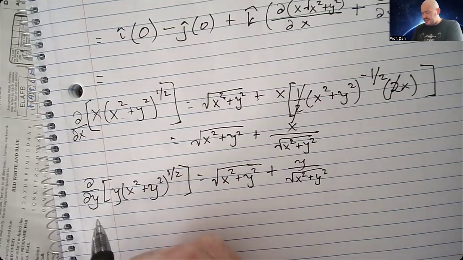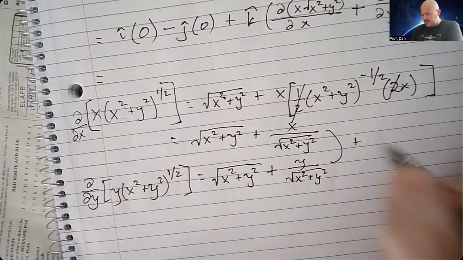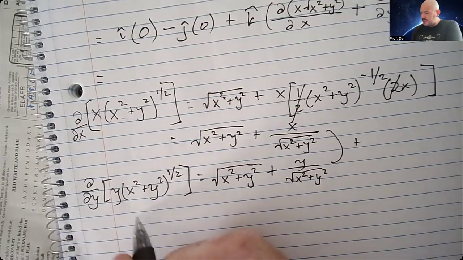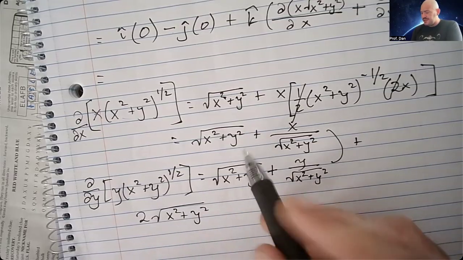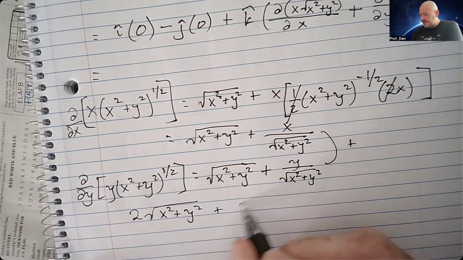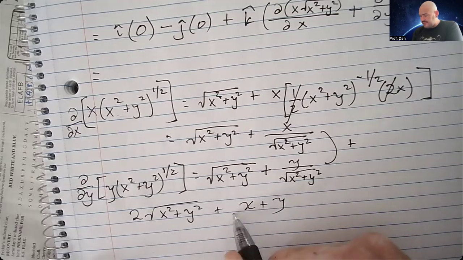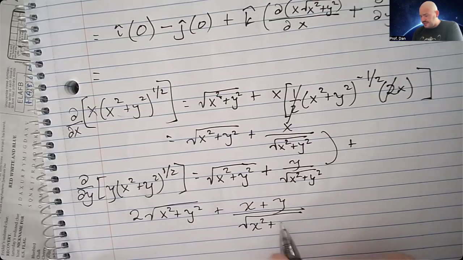So then when I add these together, and take the sum of these, I end up getting 2 square root x squared plus y squared. Remember, that's what I would get from just combining these two, plus x plus y over the square root of x squared plus y squared.